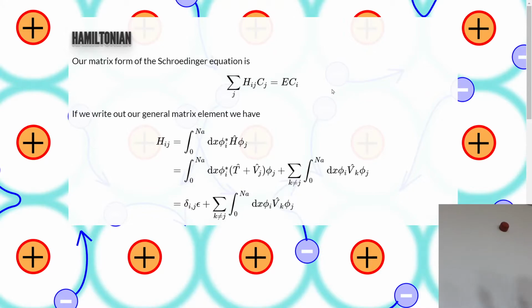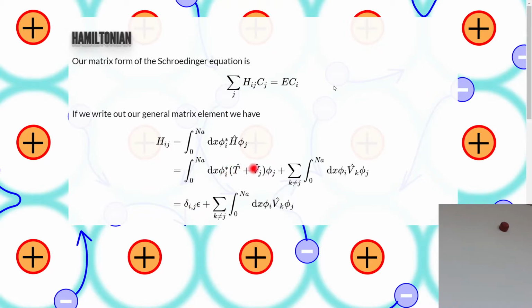So we've got our total Hamiltonian, summed over the interaction with all the nuclei, and we've just rewritten it with this one particular one picked out here, and all the others over there.